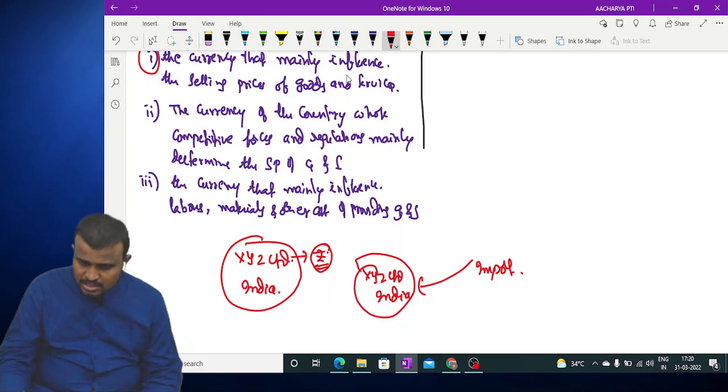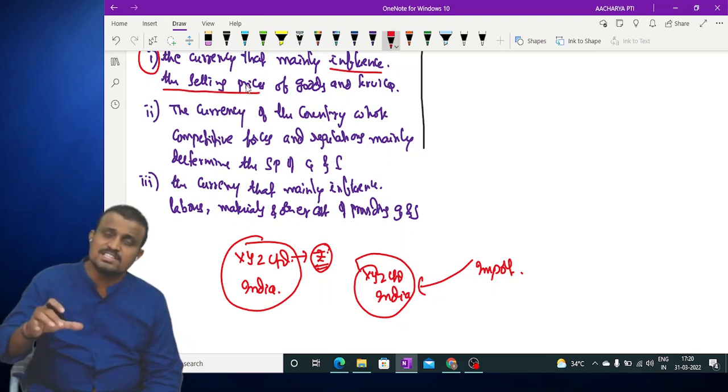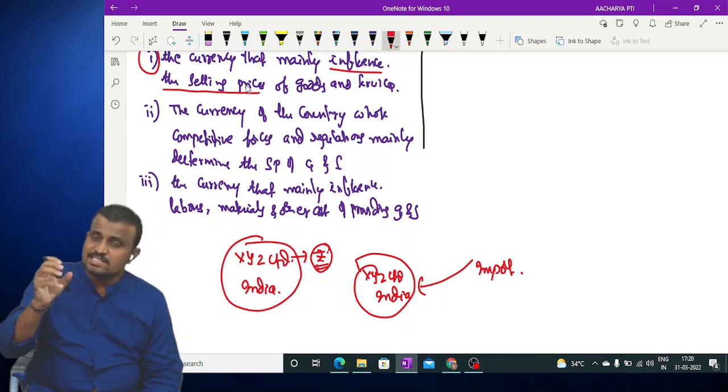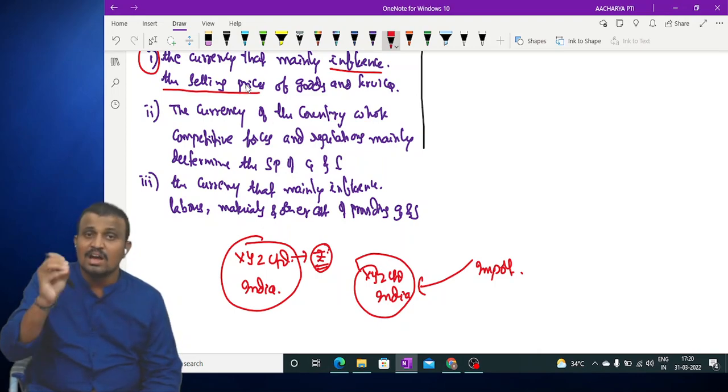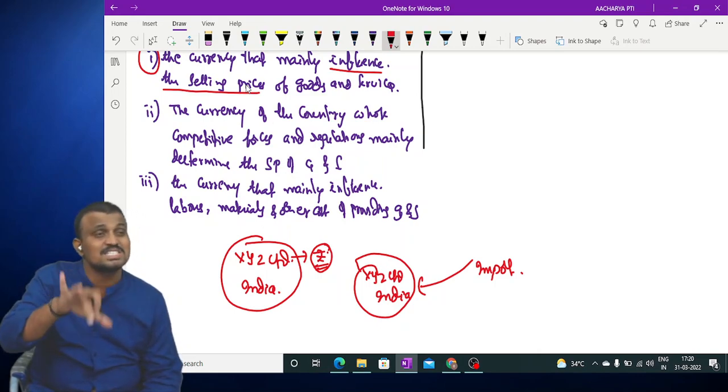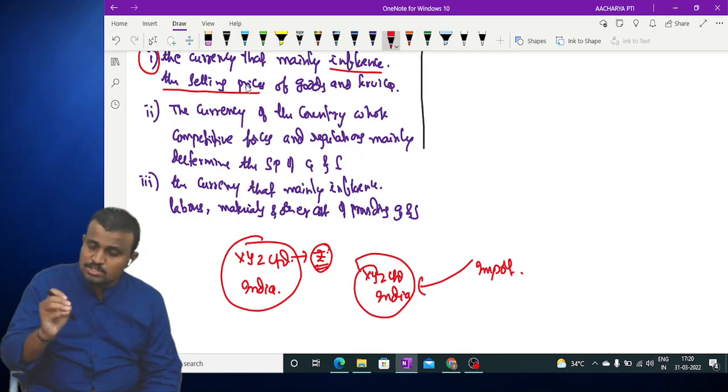And what is meant by influencing the selling price of the goods? It means the currency in which the sales are denominated and the currency in which the sales are settled.